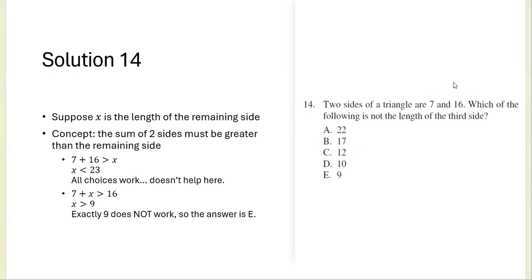So the sum of these two smaller ones, which is 23, must be bigger than the third side. That's this inequality over here. We can also consider that perhaps 16 is the biggest. 7 is less than 16, right? So 7 cannot be the biggest side. That's hopefully obvious. So we can consider 16 to be the biggest. So 7 plus the missing side, x, must be greater than 16.